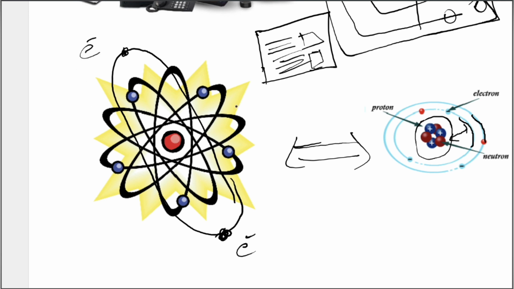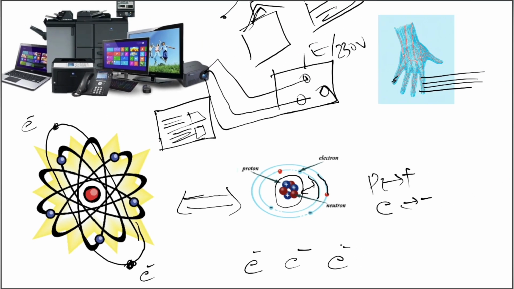If such free electrons exist in an atom or in an element of a material, then you have something which is very much needed for the electricity to flow. Or in other words, the flow of electrons is called electricity.